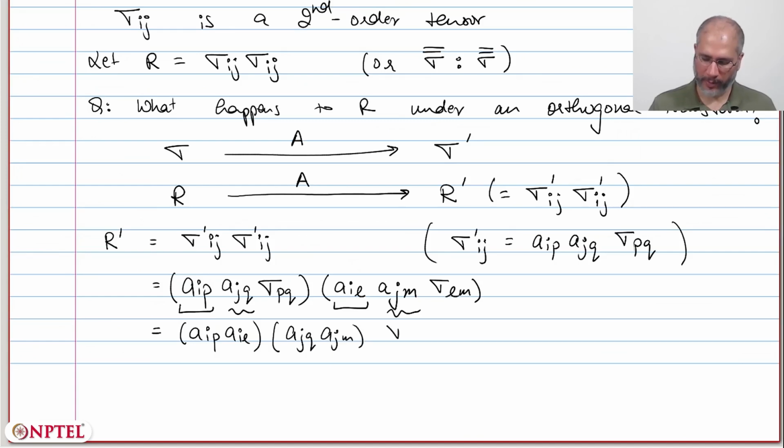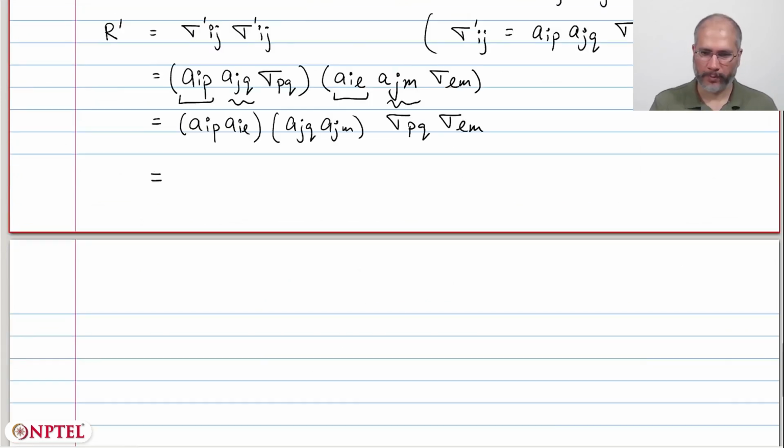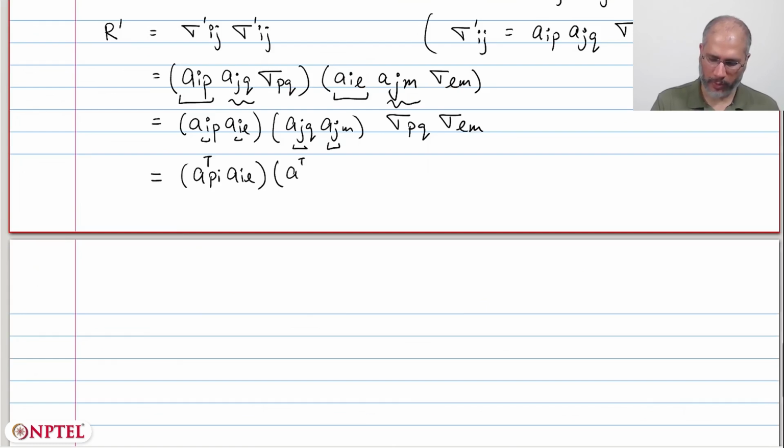And then we'll write the sigmas, sigma PQ, sigma LM. Now, since I is the first index in both A's, I'll write this as A transpose PI times AIL, and then I'll write this second one as A transpose QJ times AJM.